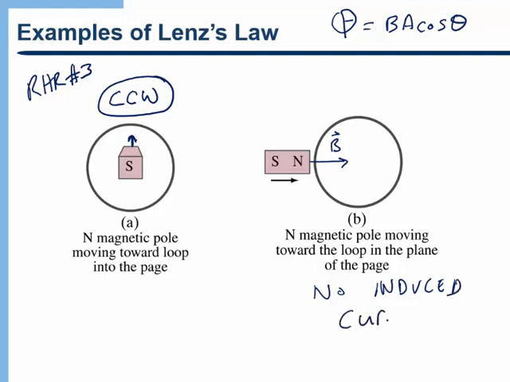And the reason for that is, remember that this theta is important. The surface area vector would be straight out in this case. Notice that if the magnetic field is to the right, there is no flux going through that loop. So there's no change in flux. In other words, theta is 90 degrees, and therefore the cosine of theta is 0.